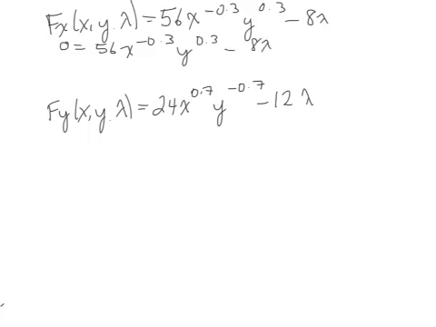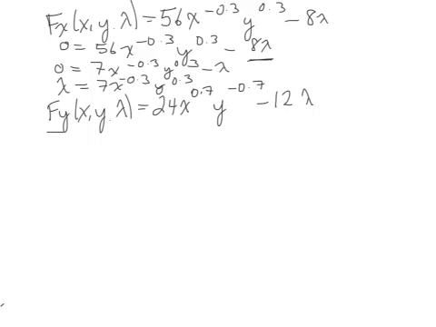And I'm going to want to divide that equation by 8 just to have lambda by itself here. So it'll be 0 is equal to 7x to the negative 0.3 y to the 0.3 minus lambda. And then we can say lambda is equal to 7x to the negative 0.3 y to the 0.3. And I'm going to look at this partial derivative here with respect to y, and I see that we can divide this one by 12.